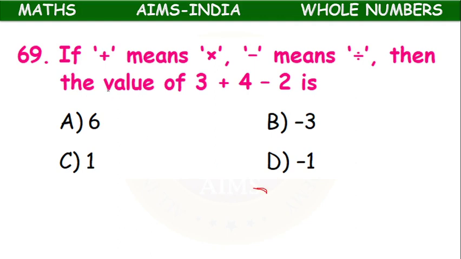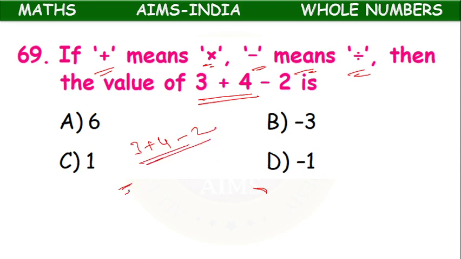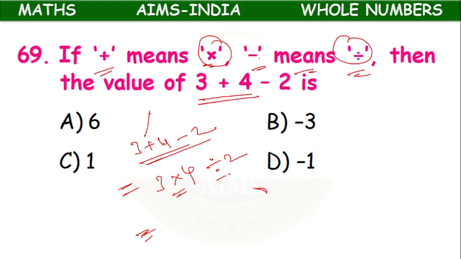Next question. If plus means into, minus means divided by, then the value of 3 plus 4 minus 2, they have given. We have to find this value, but plus means into they have given. Means in the place of plus we have to keep into, and minus means divided by. So we have 2 operations, multiplication and division together.